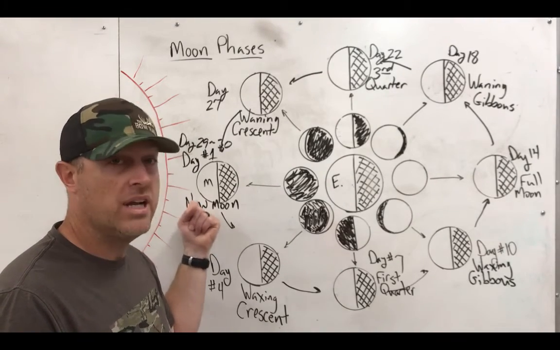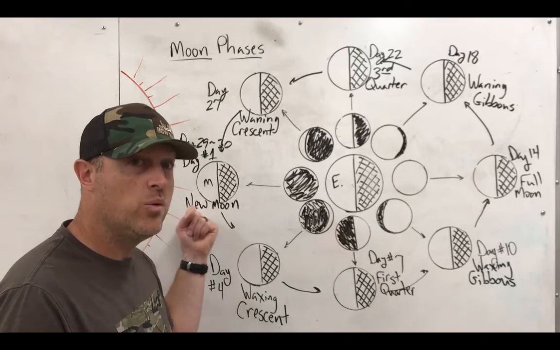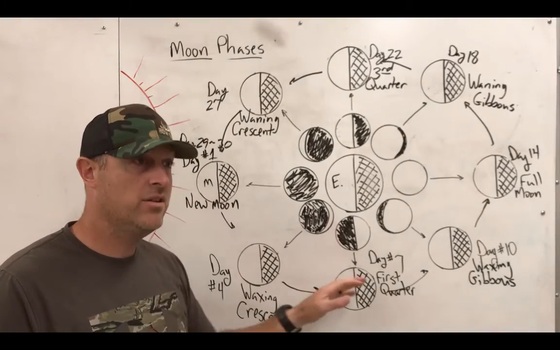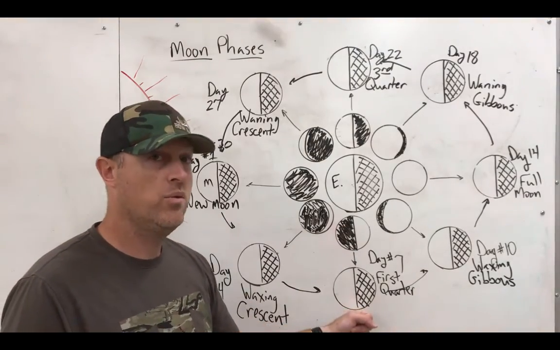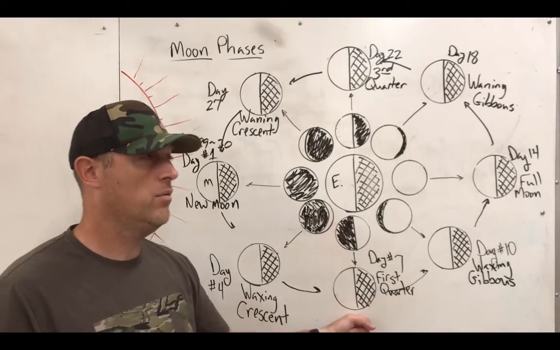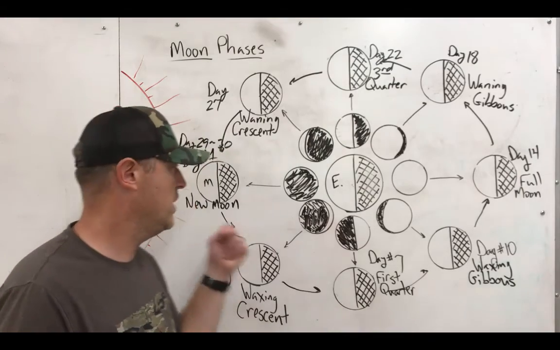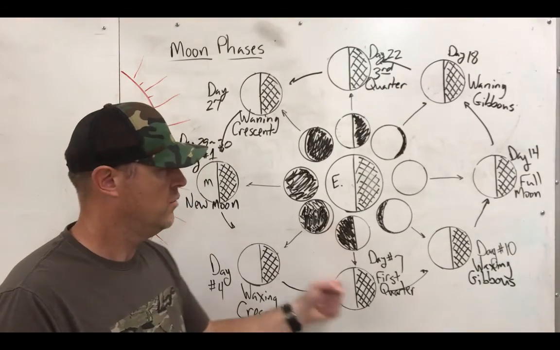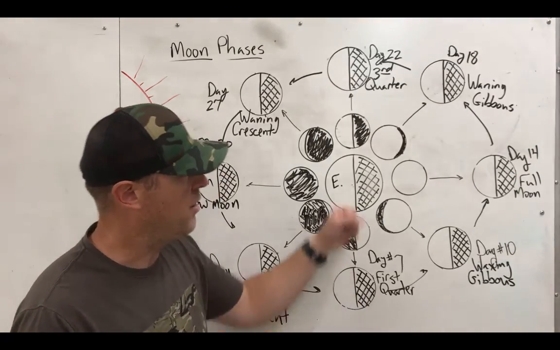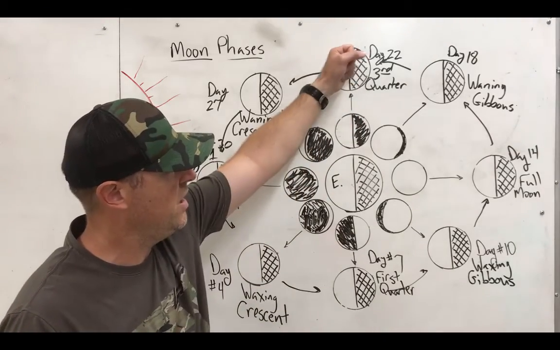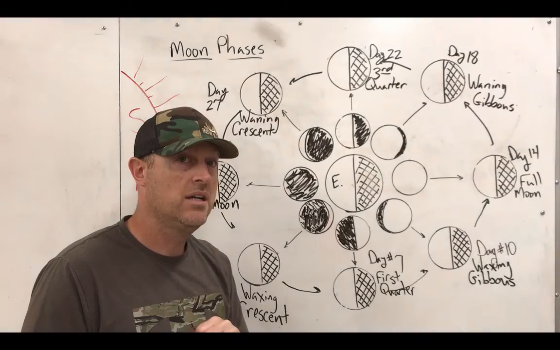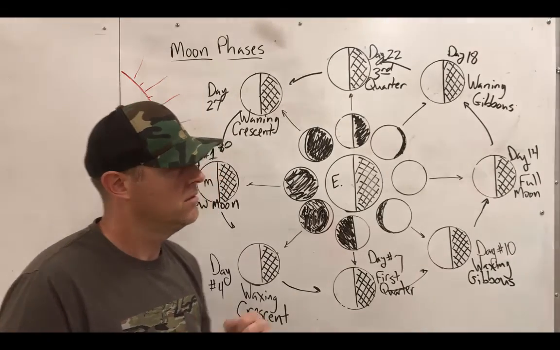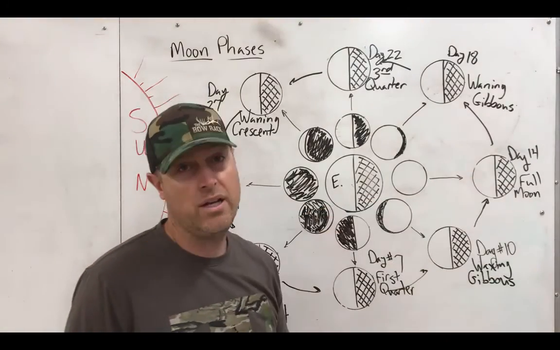Okay, Mr. Throne and I pick the week we go hunting kind of based on the moon phases. And so if it's first quarter moon and we go outside and we look at it, we go, man, how much longer until we get a new moon phase? Well, we get 2 weeks to get here and another week to get here, so it's going to be about 3 weeks away.